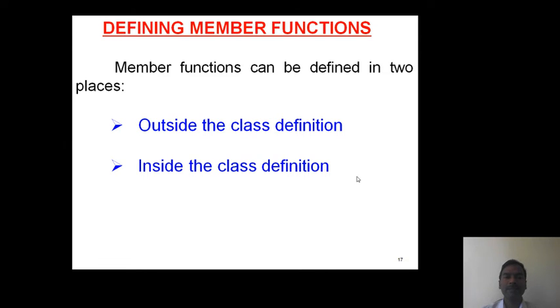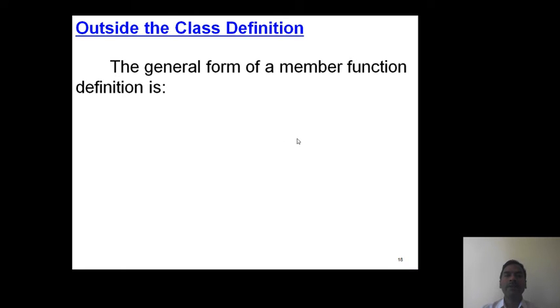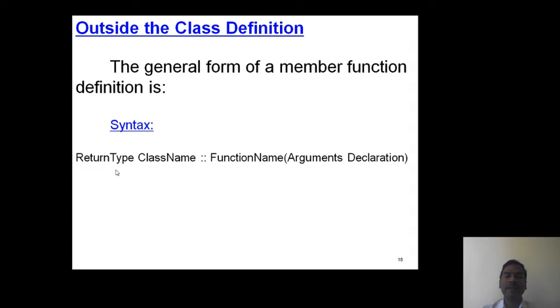In the first case, outside the class definition, we follow this syntax: first we specify the return type, then the class name followed by the scope resolution operator, then the function name with the argument declarations within parentheses, followed by a pair of braces in which we place the body of the function.